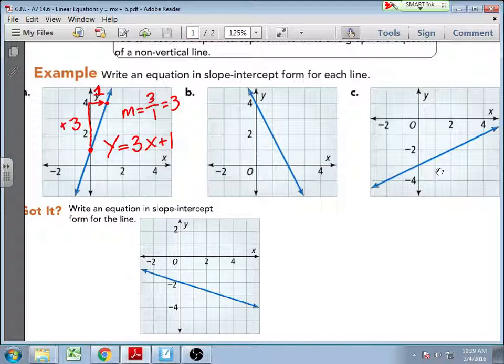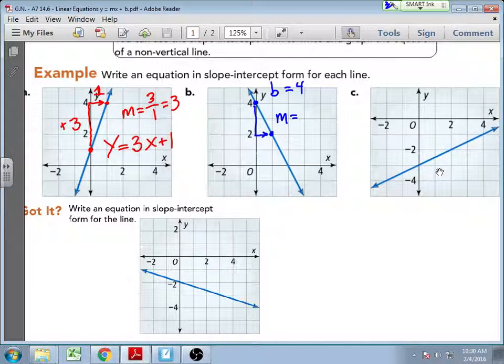When you look at the next one, what is your y-intercept? 4. So when I start, I'm going to place my dot there, and I know that my y-intercept is 4. Or I could just write b is 4, because b we know represents the y-intercept. Then I find the next point where I cross, and I go my rise and my run.